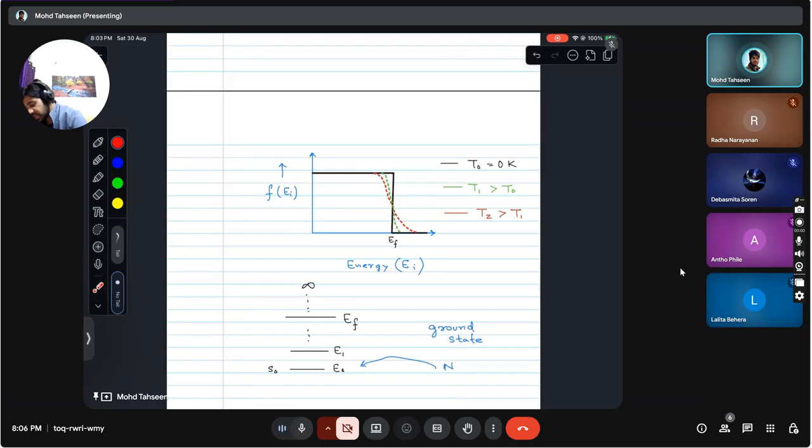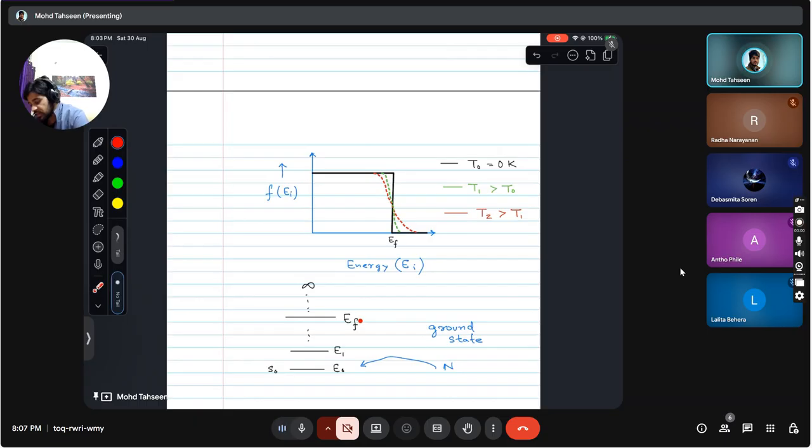So if I put S naught particles here, I am forced to go to a higher energy level to fill in the rest. And when that is filled, I am forced to go to a higher energy level again. Similarly, if I fill all the energy states, the last energy level which will be filled by these n particles, where the nth particle will go, is called the Fermi level. So this is the Fermi level, and at 0 degrees we will have the ground state.